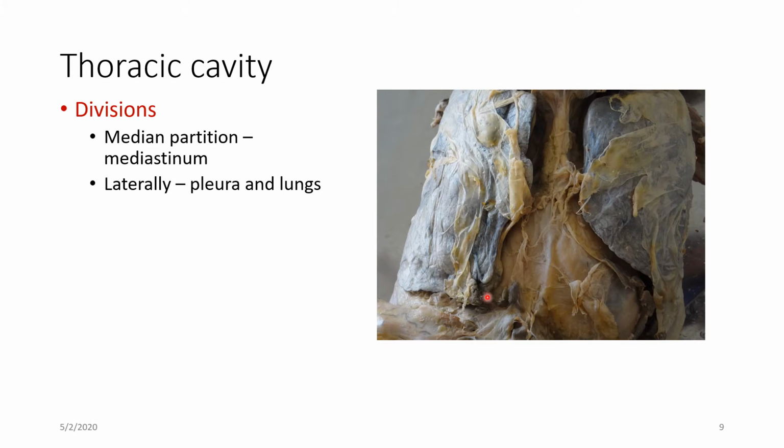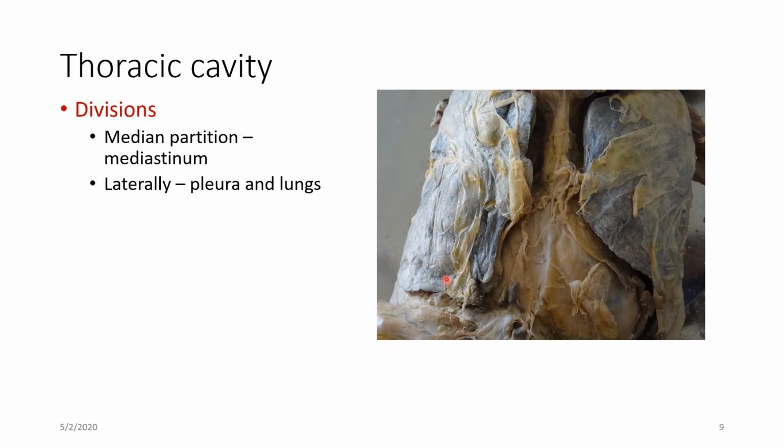Look at this picture for further understanding of the mediastinum. So this is the mediastinum after removal of that fat and the anterior mediastinum part. What you are seeing is the middle mediastinum with the enclosed pericardium covering the heart, and these are the vessels coming out from the heart.